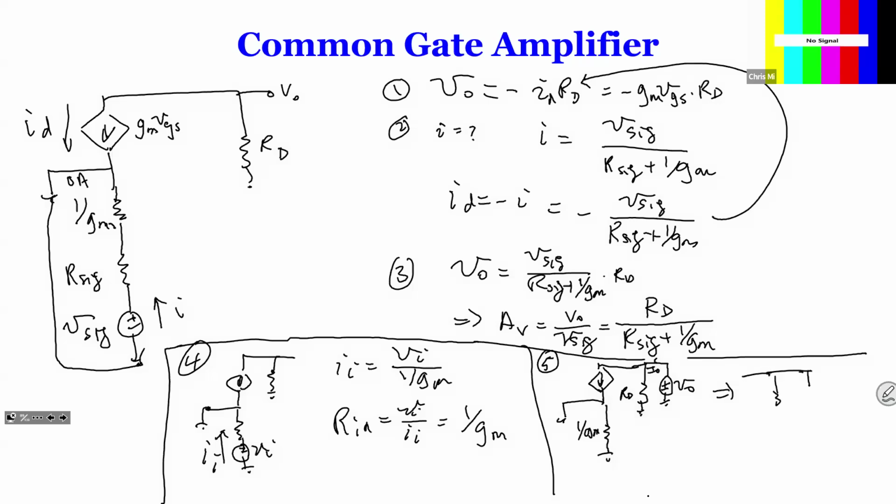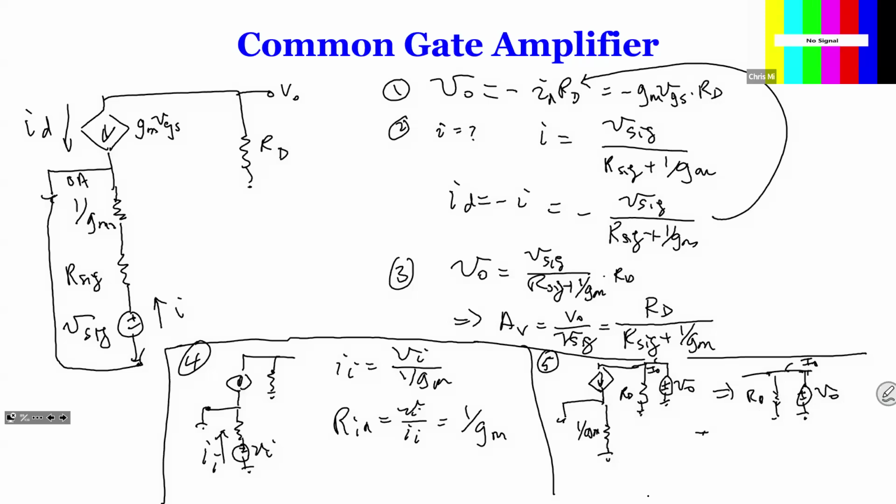Because it has nowhere to go, it just becomes open. So you have VO here, you have RD here, and you have IO. Because the current source is open, you would have only VO connected to RD.